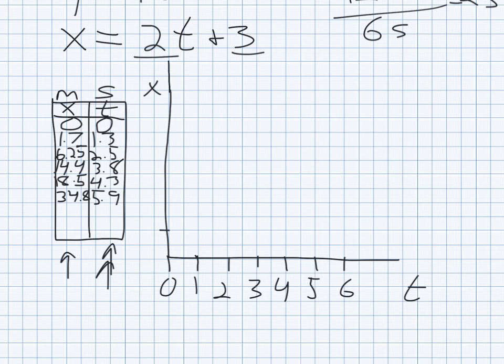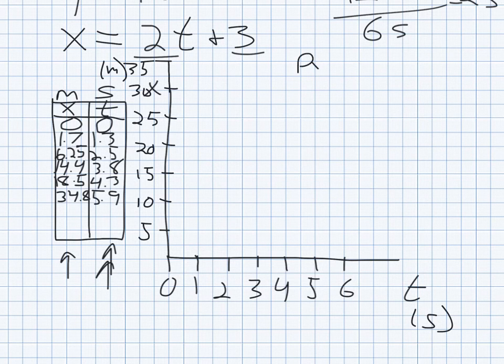So there's 5, 10, 15, 20, 25. That's going to be 30. Sorry, it overlaps with the x. And that's going to be 35. Again, this is meters on this axis. This is seconds on this axis. Good, and we're still doing position versus time.